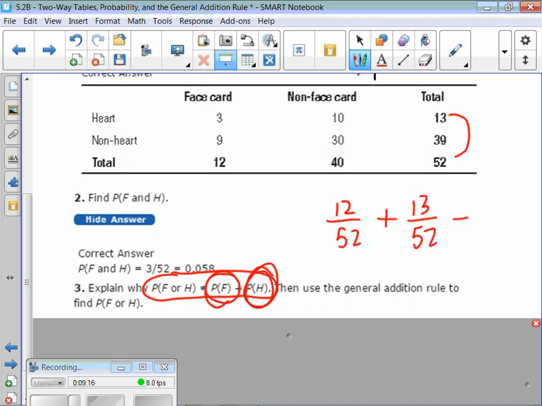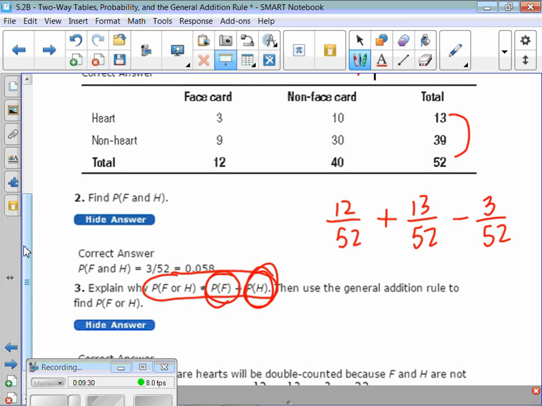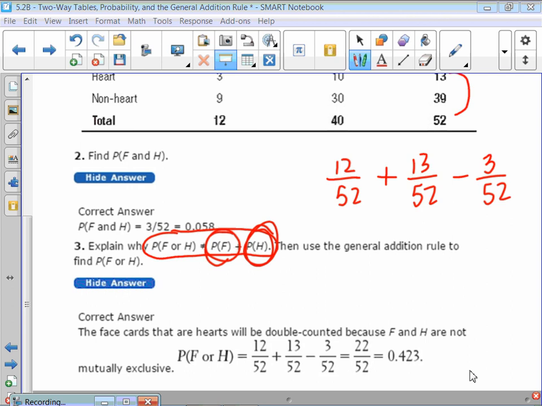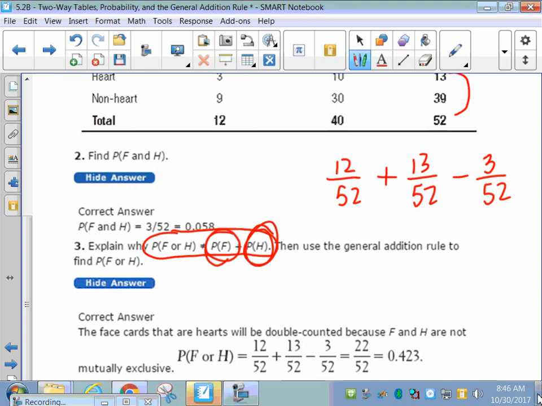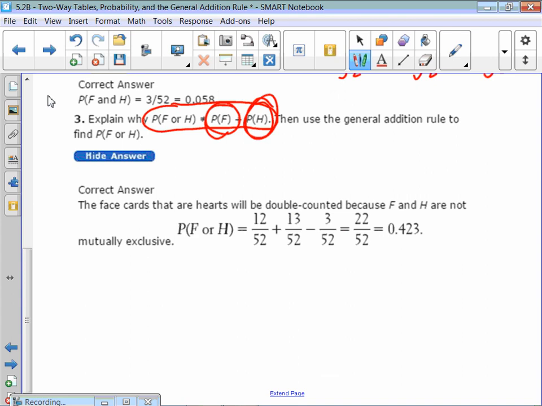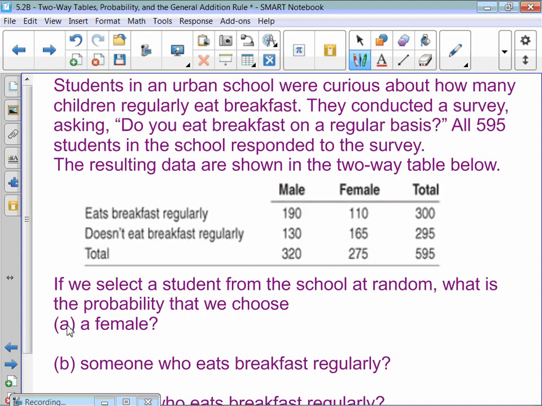And then we have to subtract the overlap. So Haley, how many are both face cards and hearts? Good. And then we get our lovely answer of 22 out of 52. Okay? So are these events mutually exclusive? No, because they can happen at the same time. You can be both a face card and a heart. That's why we subtract the overlap. All right?